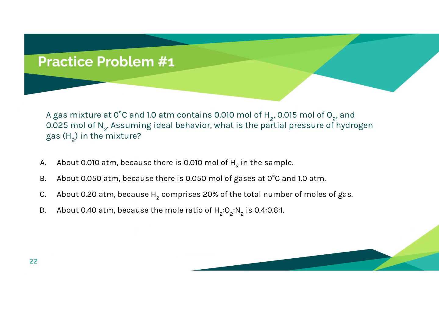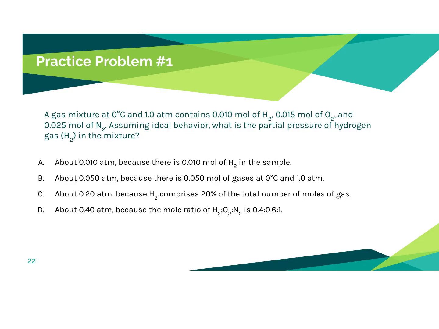And so just looking at this practice problem right here, we're told that we have a gas mixture at 0 degrees Celsius, and so T is equal to 0 degrees Celsius, and 1 atmosphere. So our total pressure here would be 1 atmosphere, contains 0.010 moles of H2, and so N of H2 would equal 0.010 moles.